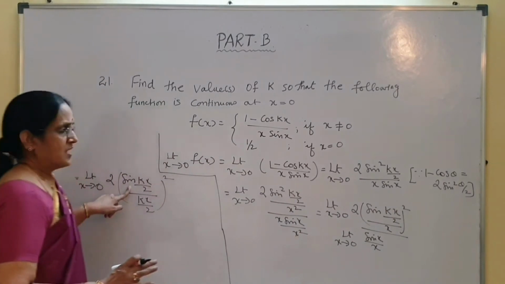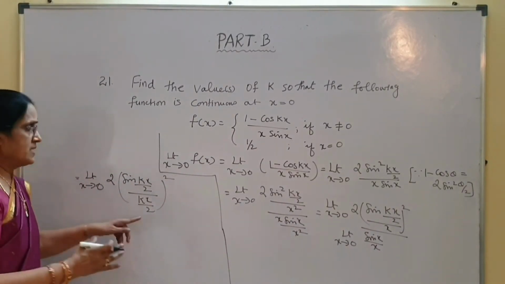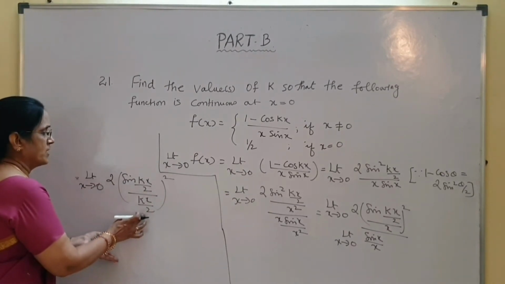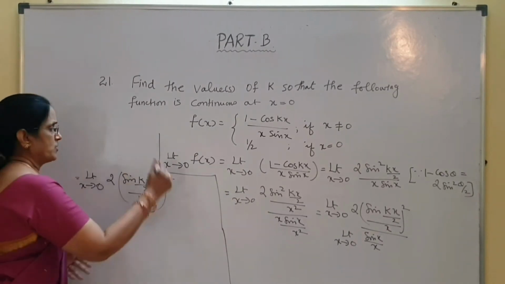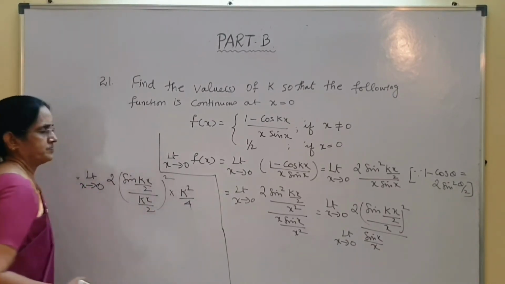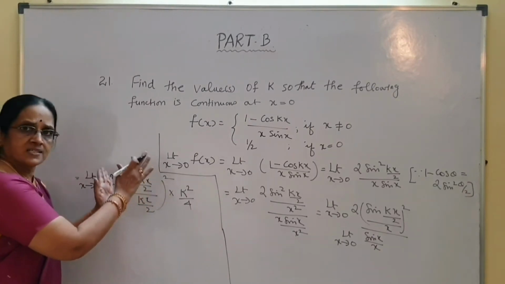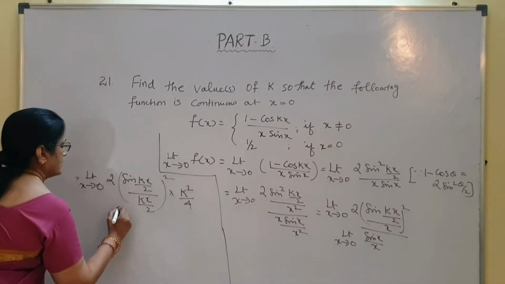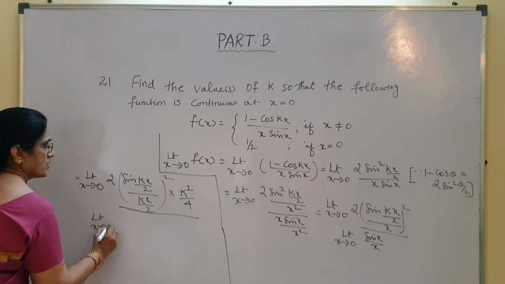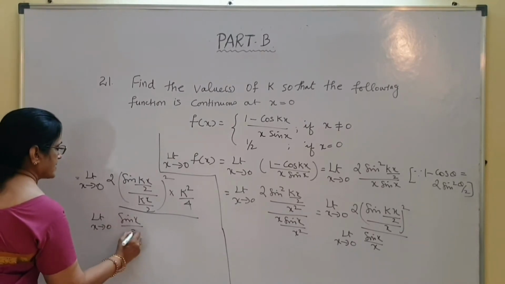But I brought here k by 2 also extra. That means I have divided this by k by 2 the whole square. I need to multiply also by k square by 4, or k by 2 the whole square, so that the value will remain the same, by limit x tends to 0, sin x by x.